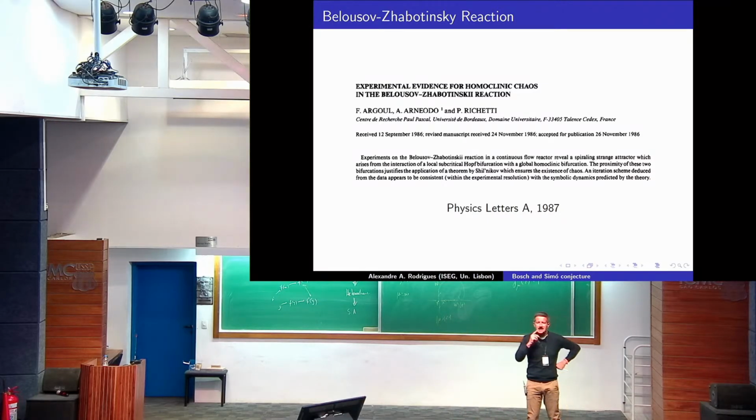Belousov-Zhabotinsky reaction with something. Let's see the abstract. The abstract says that it's possible to define a continuous flow reactor revealing a strange attractor which arises from the interaction of a local subcritical Hopf bifurcation with a global homoclinic bifurcation.